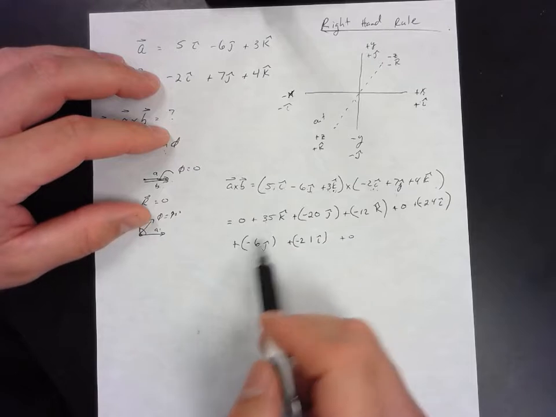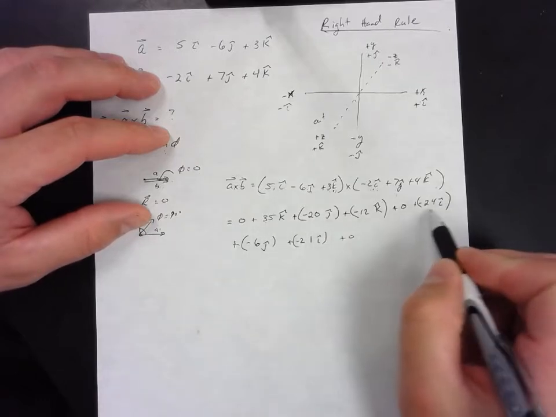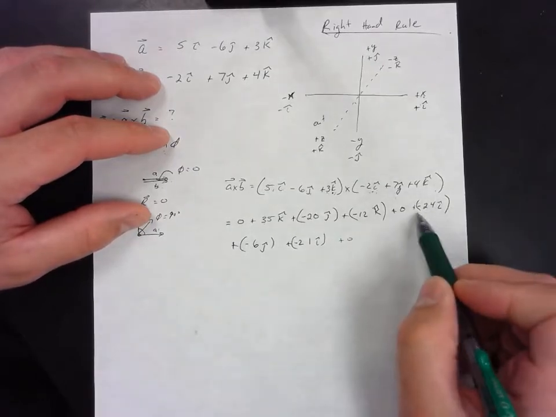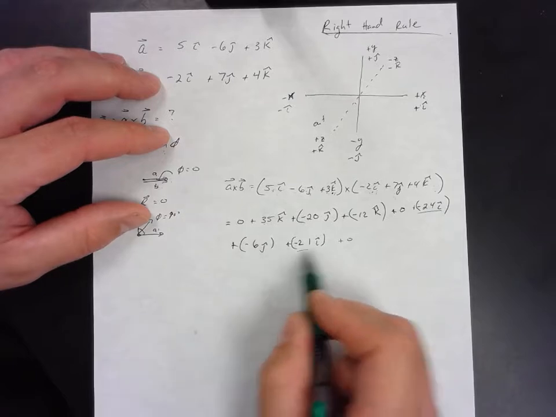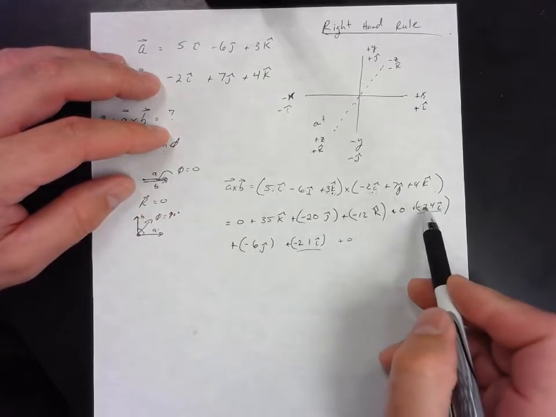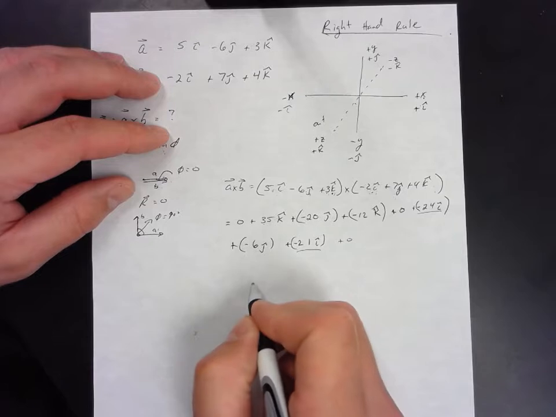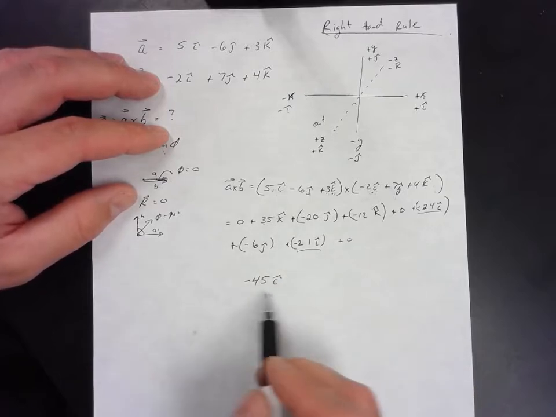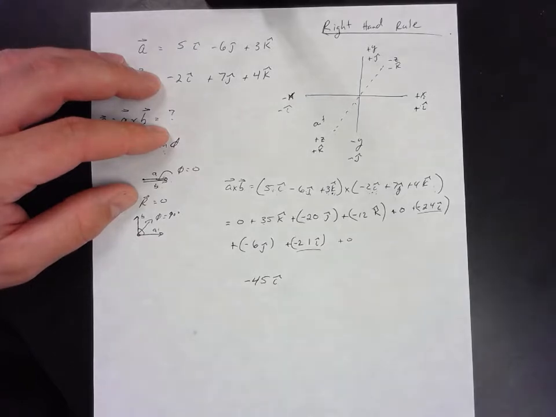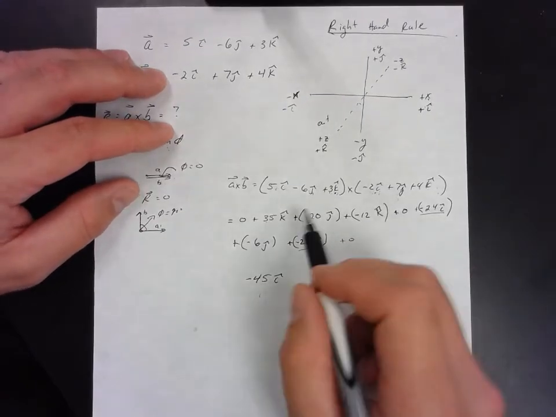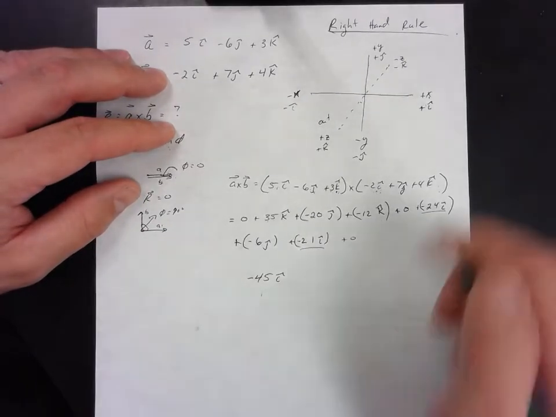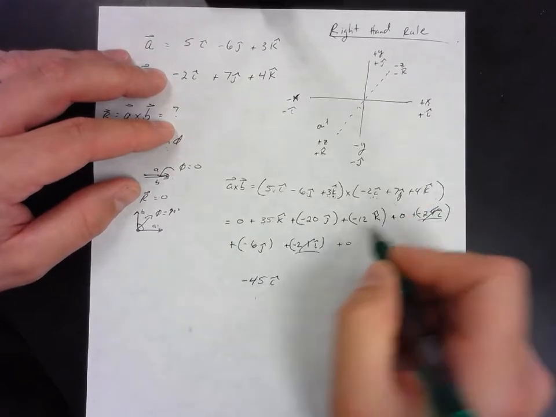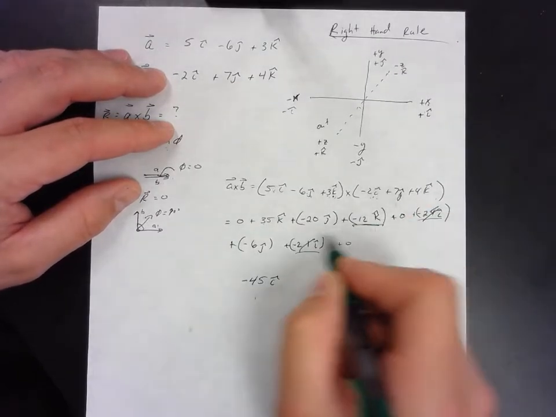All right, so let's find our I's. So here we have negative 24 and negative 21. So 24 plus 21 is 45. It's negative I. Now, Khan Academy had that wrong actually on their video. Hopefully you saw that. Now we do the K's. So K here, oh sorry, J's.